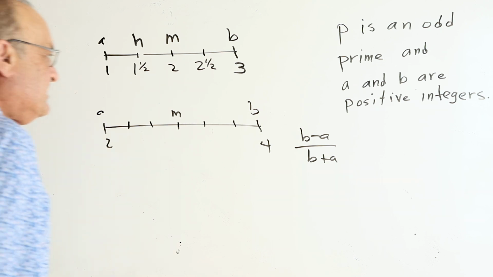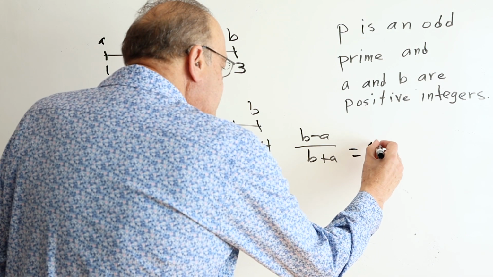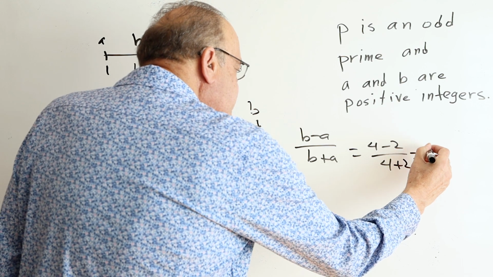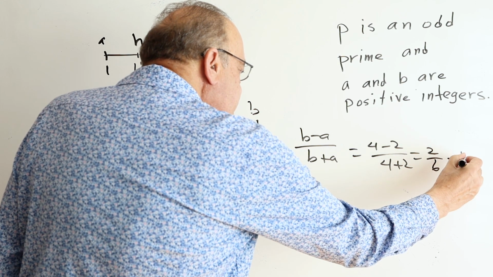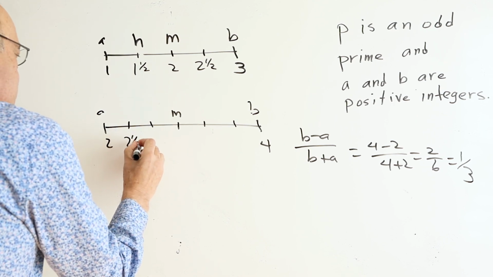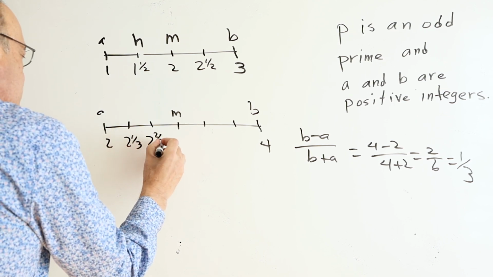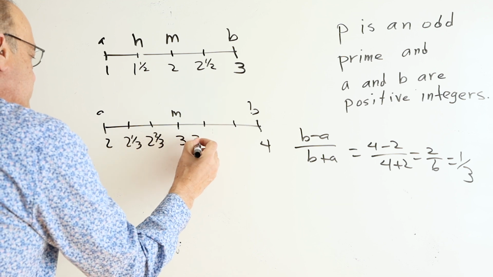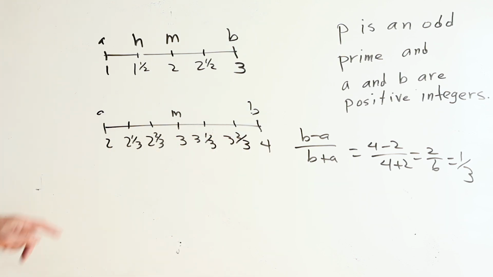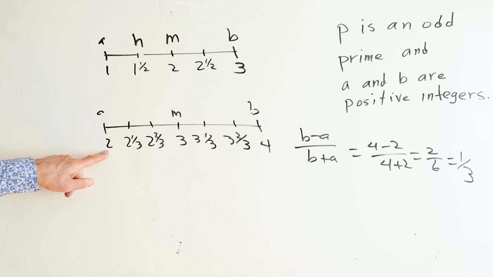So it's going to be 4 minus 2 over 4 plus 2, which is equal to 2 sixths, or 1/3. So that's going to be 2 and 1/3, 2 and 2/3, 3, 3 and 1/3, 3 and 2/3. Then you go to A and see what number it is.